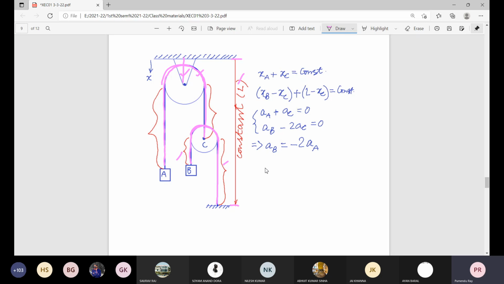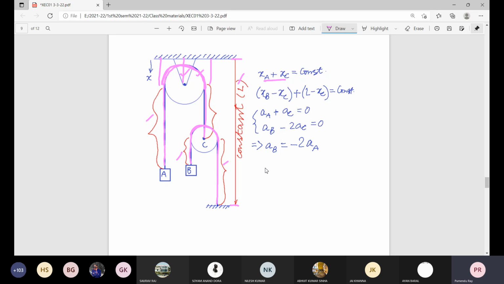It is L. Now XA plus XC is constant, considering this length plus this constant length plus this constant lap length plus XC minus this length. So including all such things, ultimately we get XA plus XC is constant.